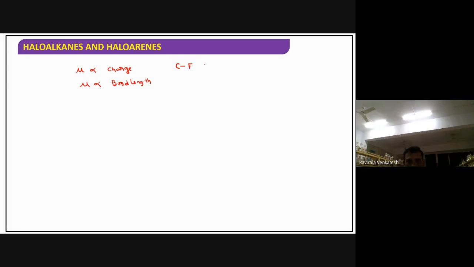C-F is lesser than C-Cl, C-Br, and C-I. This is the order of bond length. The charge means nothing but polarity. Now polarity will definitely be C-F greater than C-Cl, C-Br, and C-I. This we already discussed: order of bond length, order of polarity.